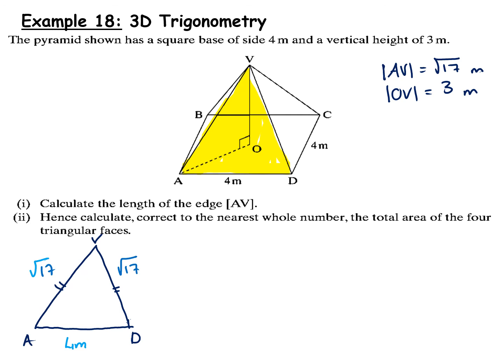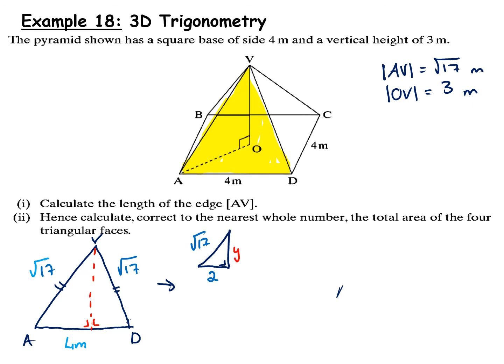What we can do is drop a perpendicular line straight down. Because this is isosceles, when I do that, effectively I'm able to draw a right angle triangle where we have root 17 as the hypotenuse, and the base is half of what was there before.